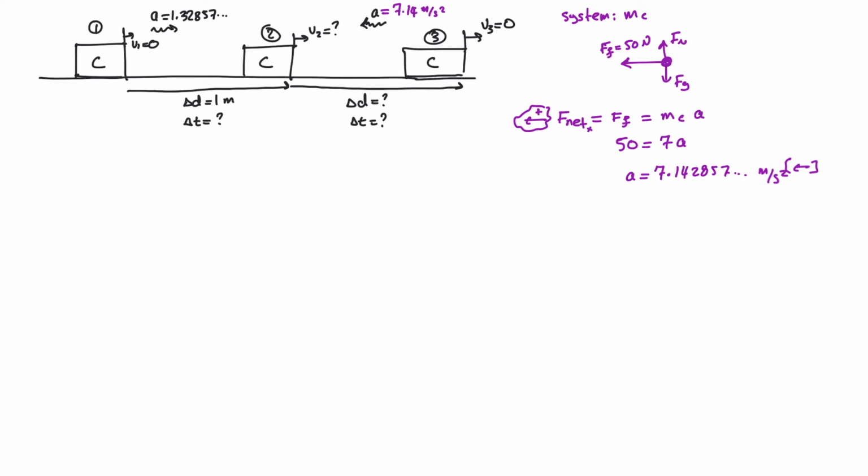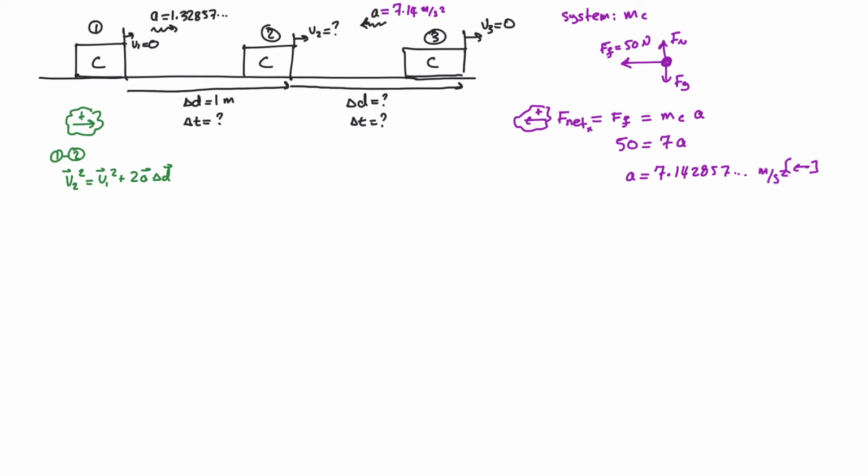Okay, between stages 1 and 2, I'll use the color green. So this is stage 1 to 2, and I'm going to use the equation v2 squared is equal to v1 squared plus 2a delta d. And then I'll put my vector signs, and I have to choose a coordinate system. I'm going to take right to be positive here.